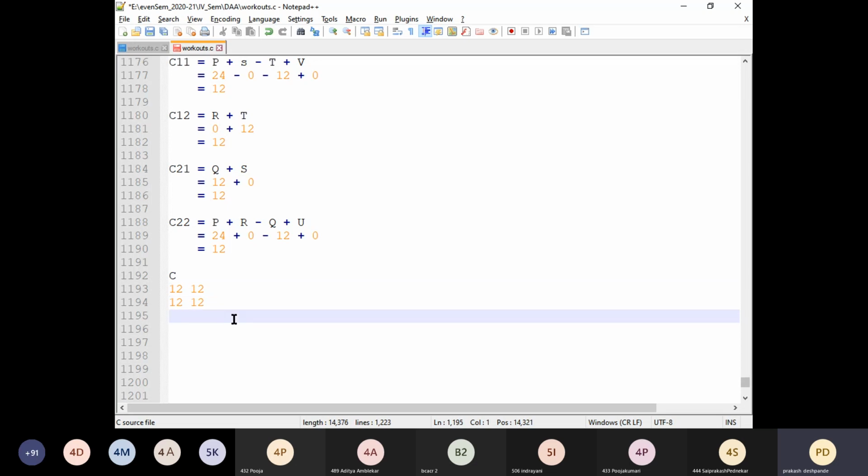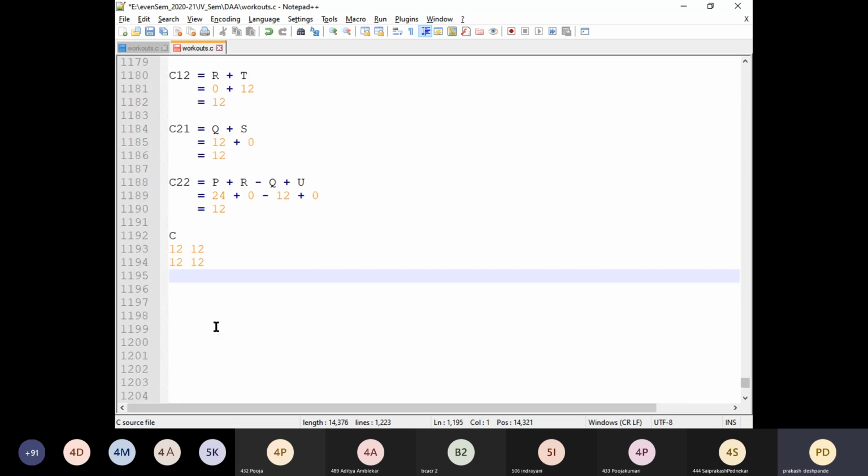Write the final step on the left hand side here. Matrix A, that is 2, 2, 2, 2, multiplied by 3, 3, 3, 3 equals 12, 12, 12, and 12. In that matrix representation, you need to write down the final answer.